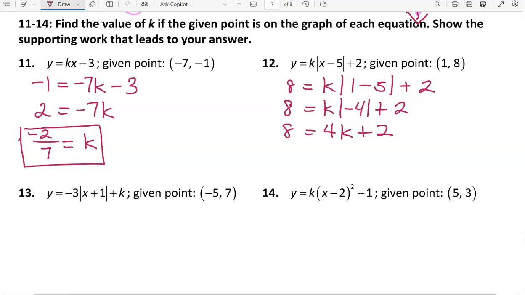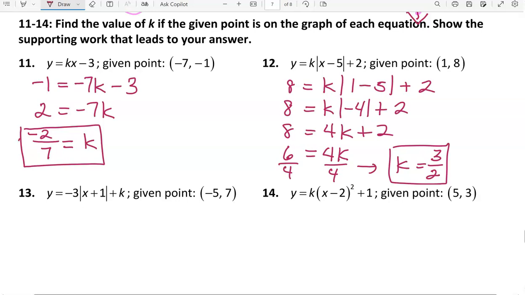Now let's subtract the 2 from both sides, so 6 is equal to 4k, and divide both sides by 4. And that will give us a k value of 6/4, which reduces to 3/2. I believe that one is a mistake in the answer key.